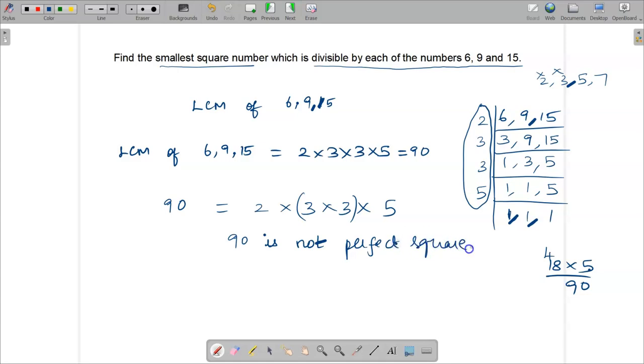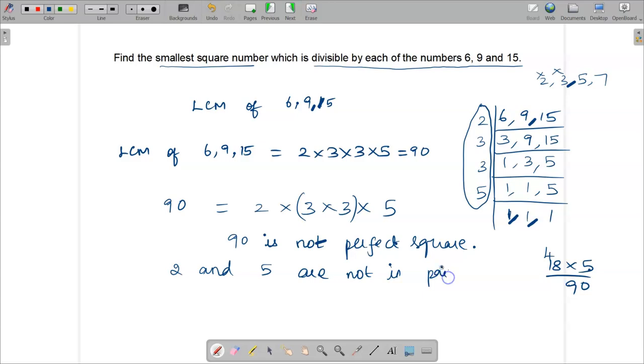So in order to make 90 a perfect square, it should be multiplied by some number. So what will be the smallest square number then? That we have to determine. How can we find the smallest square number such that it will be divided by 6, 9 and 15? Which numbers are not in pairs? 2 and 5 are not in pairs, right?